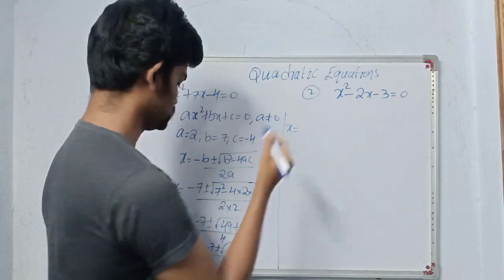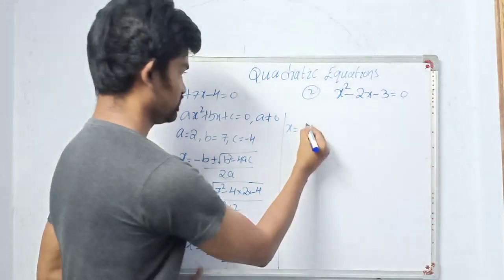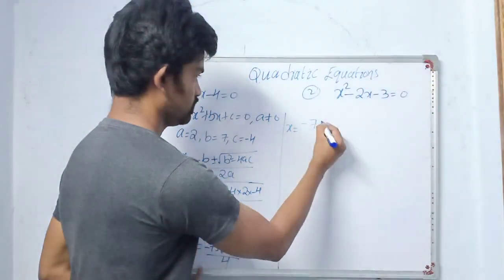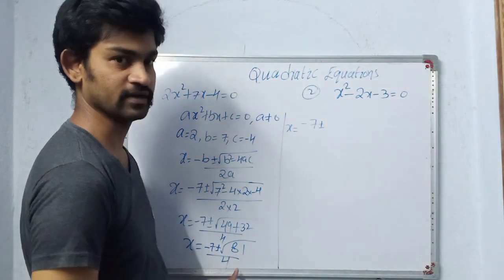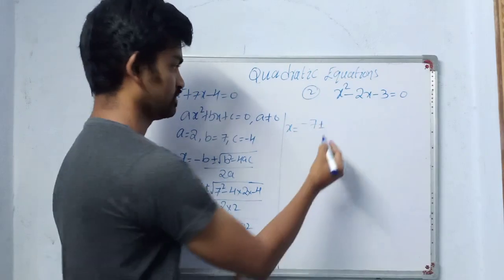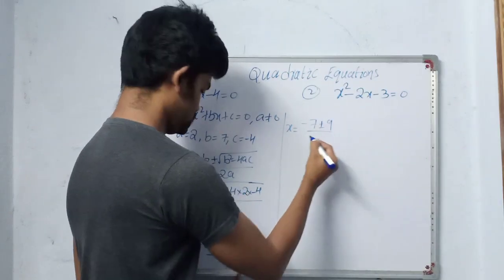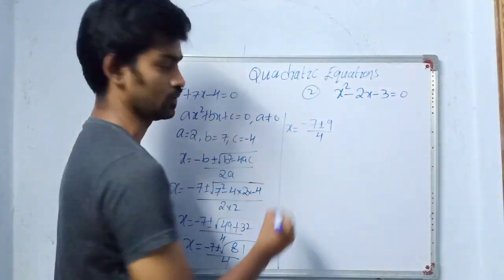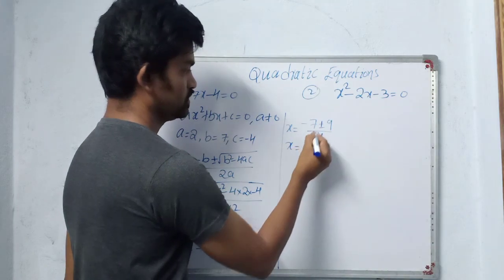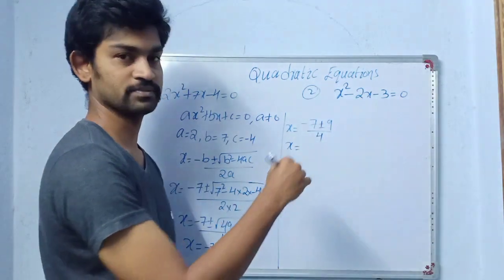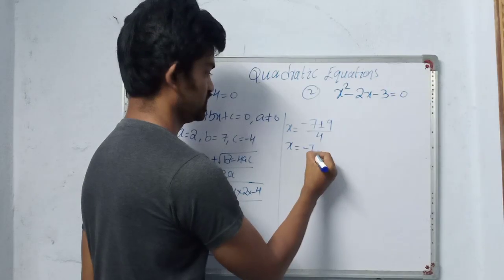So x is equals to minus 7 plus or minus root 81. 81 is a perfect square. Which one's perfect square is that? It is 9. So root 81 is 9 divided by 4. So here plus or minus, one term is plus, another is minus. So just split it.